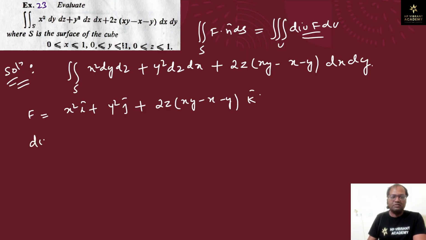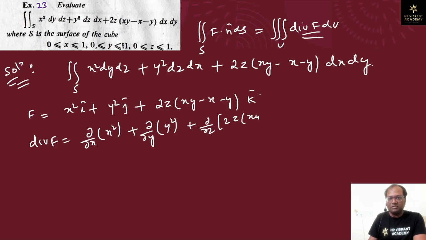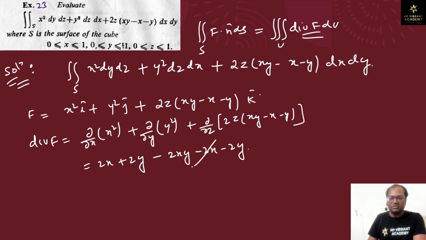We have the divergence of F as del upon del x of x square plus del upon del y of y square plus del upon del z of 2z xy minus x minus y. So this is equal to 2x plus 2y plus 2xy minus 2x minus 2y. So this gets cancelled.